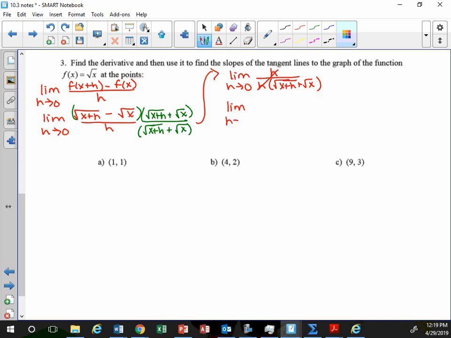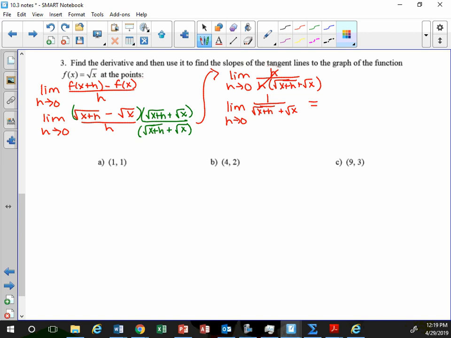So I now have the limit as h approaches 0 of 1 over square root of x plus h plus square root of x. So what does it simplify to if I evaluate the limit? Not root h, no. Okay, h is 0, guys.